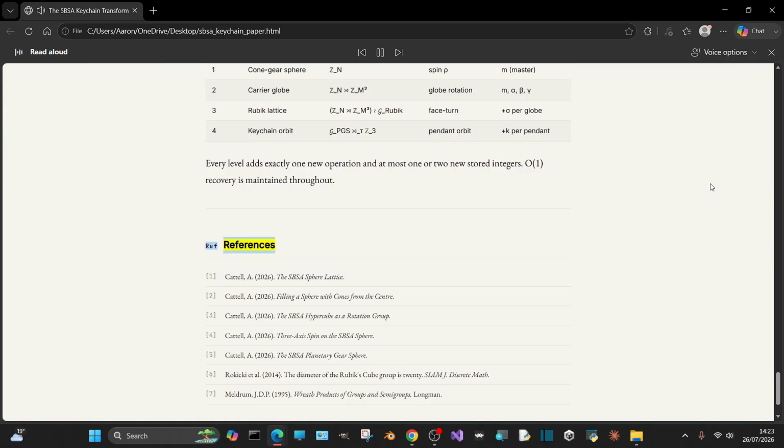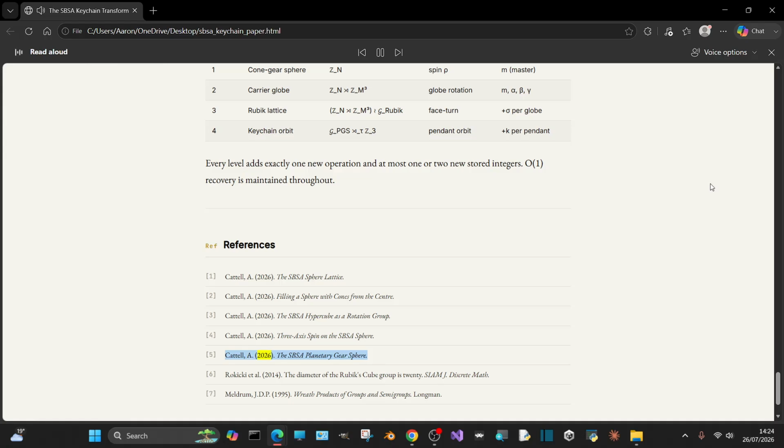References. Cattell, A. 2026. The SBSA sphere lattice. Cattell, A. 2026. Filling a sphere with cones from the center. Cattell, A. 2026. The SBSA hypercube as a rotation group. Cattell, A. 2026. 3-axis spin on the SBSA sphere.